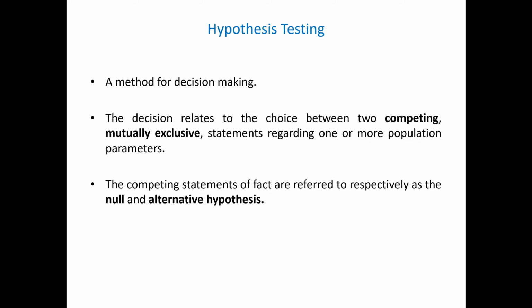Association or relationship. Some people say the same, but when we get to regression, you will know that there's a slight difference between relationship and association. But let's just use it as the same thing.